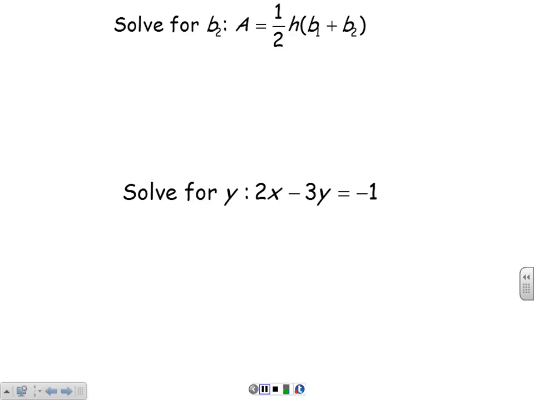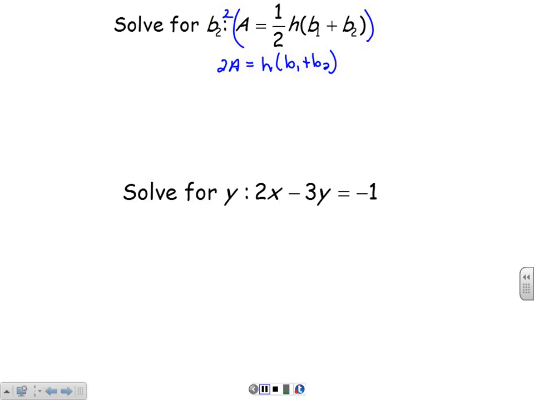Alright, let's try these two. The one on the top is our area for a trapezoid, and we want to get base 2 by itself. So again, I want to get rid of that fraction first. So I'm going to multiply everything by 2. So we'll have 2a is equal to, when I multiply 2 times 1/2, it goes to 1, so I have h times (b1 plus b2).